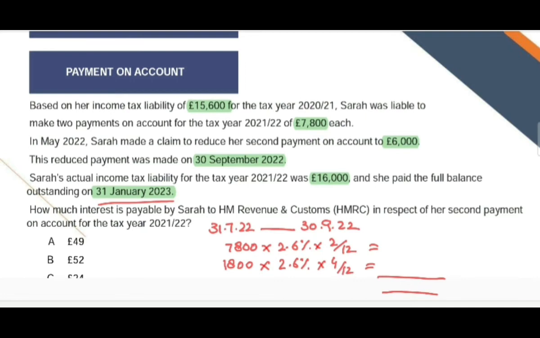So on this period, interest would be charged on the 7,800 amount for the period of 2 months. Then she paid 6,000. She has to pay 7,800. It means 1,800 less has been paid by her. So on this 1,800 for the period from 30th September to 31st January, interest would be charged.